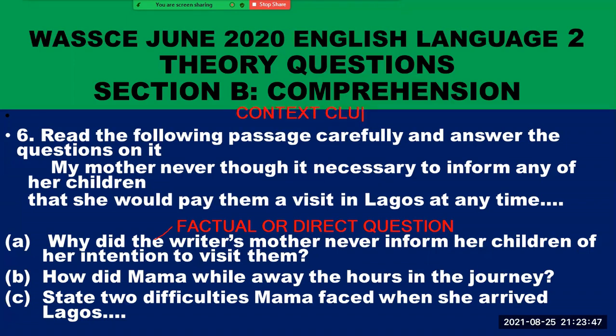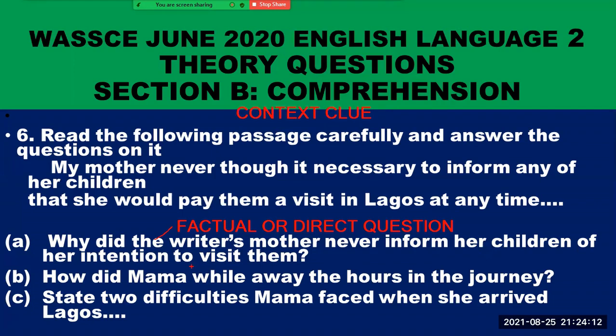Let me show you how we use context clue. Now, we find context clue in the question. Take note of the question here. Why did the writer's mother never inform her children of her intention to visit? Now, inform her children of her intention to visit.